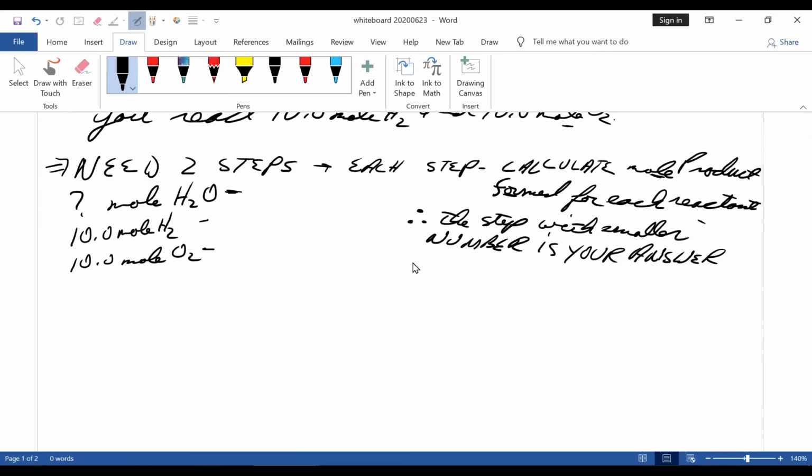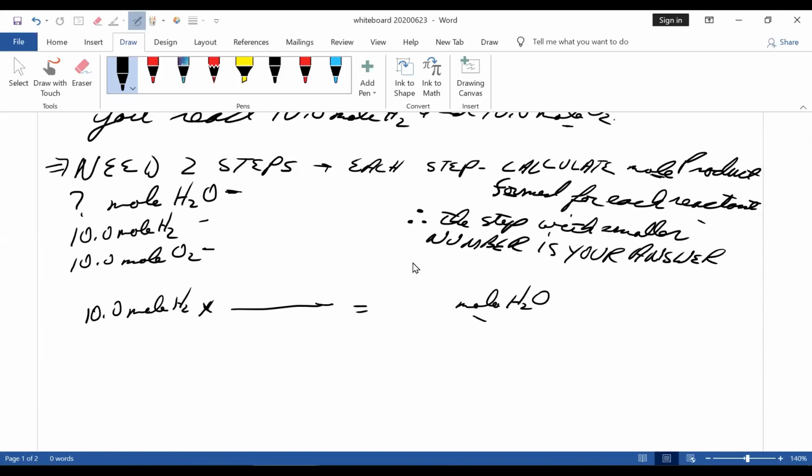So let's do our 2 steps. Let's do hydrogen first. And we want to go from moles of hydrogen to moles of water. And it's time again to use your good buddy, your good friend, unit analysis.